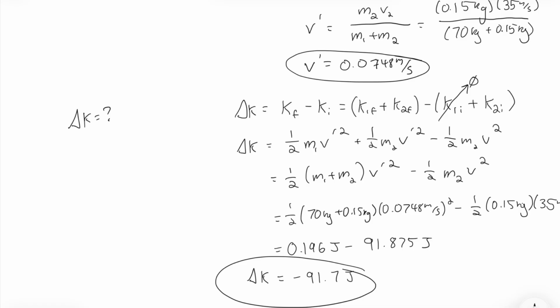And so we lost 91.7 joules in this collision, which again, is a perfectly inelastic collision. So we lose the maximum amount of kinetic energy that we can through a collision when we have two objects colliding and becoming one object moving together after a totally inelastic collision like this.